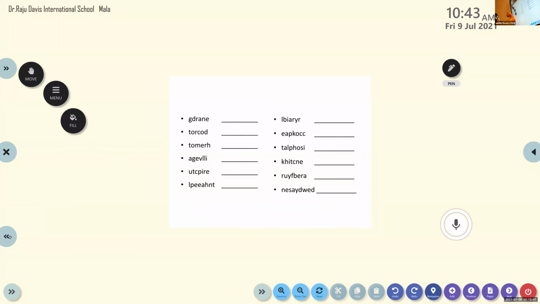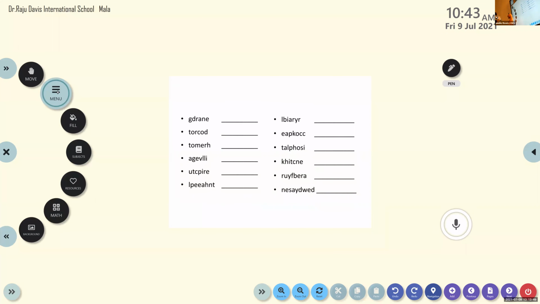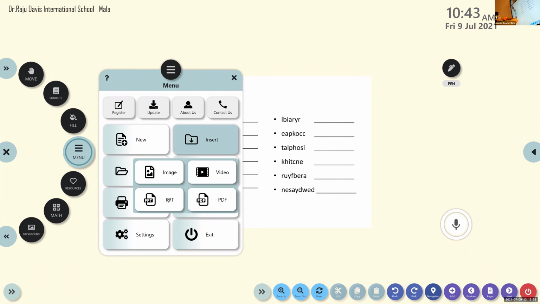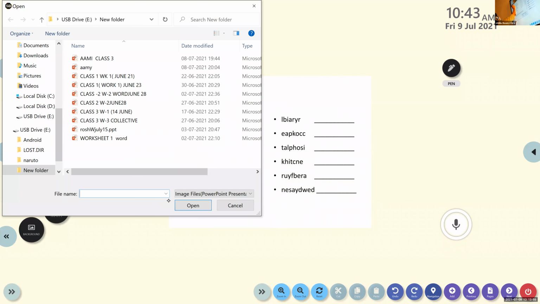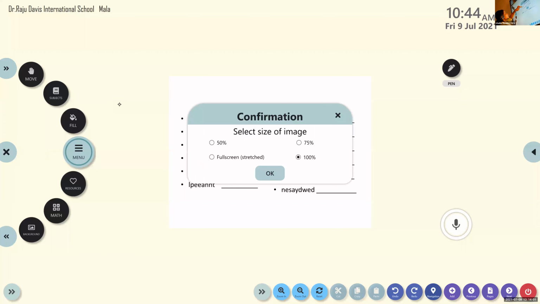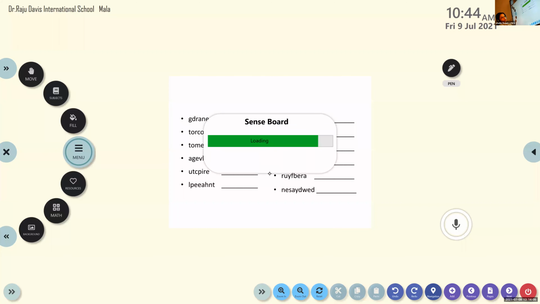One minute, my dear children. All of you, please have a look at it so that you may understand how to learn. Spellings are very, very important in the English language. Once we learn the spelling, it is very easy for us.